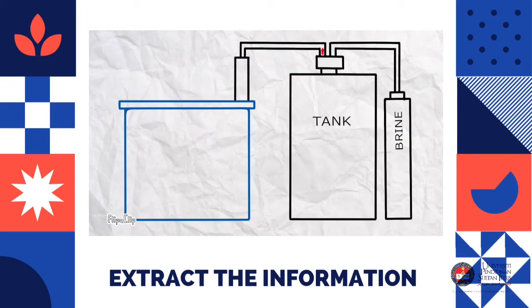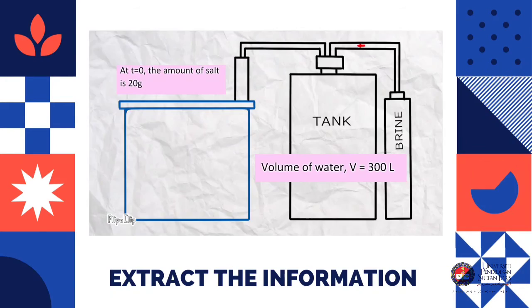From this question, we can list down all the information given first. When time t equals 0, the amount of salt is 20 grams. The volume of the tank is 300 liters.